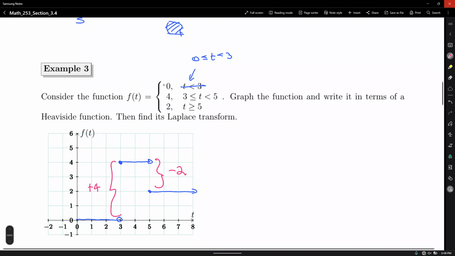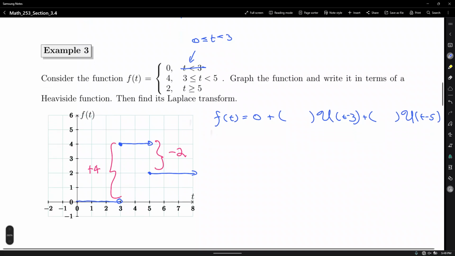You always start with whatever you have first. In this case, what we have first is 0. So f of t equals 0 plus, at 3, open parentheses, u of t minus 3, and then open parentheses, u of t minus 5. This represents the two values of t where we have some fluctuation in the signal, or in the intensity of the light, however you want to think of this.